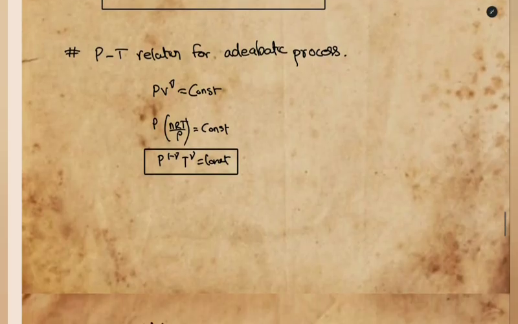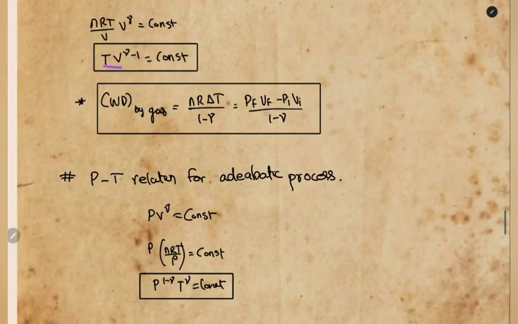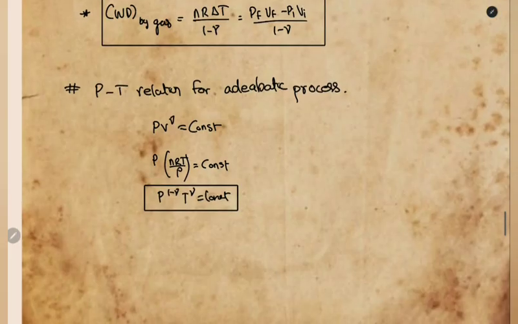Okay, pressure-temperature relation for an adiabatic process. The TV relation is already given, so we need to find the PT relation. This is also very simple. Put PV equal to nRT in terms of V, and then apply it in the place of V in the relation with gamma, which is equal to constant. So simply you will get, wait a minute, I think I forgot something.